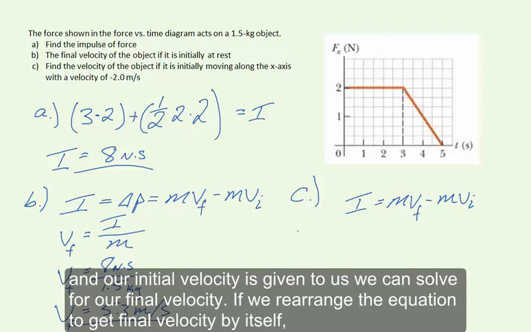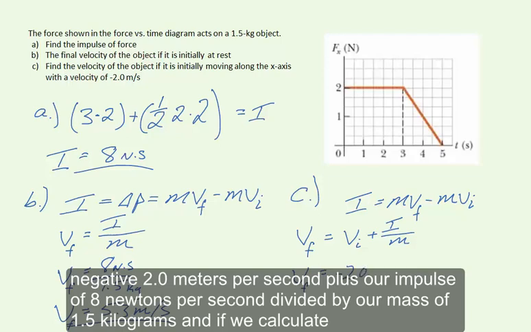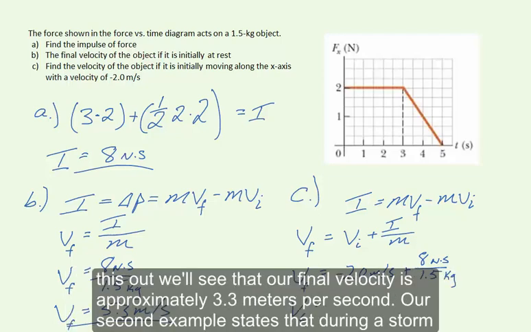If we rearrange the equation to get final velocity by itself, we'll get our initial velocity plus our impulse divided by our mass. If we plug in the values we're given, our initial velocity was negative 2.0 meters per second plus our impulse of 8 newton-seconds divided by our mass of 1.5 kilograms. If we calculate this out, we'll see that our final velocity is approximately 3.3 meters per second.